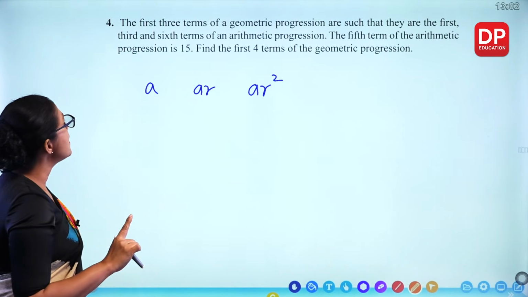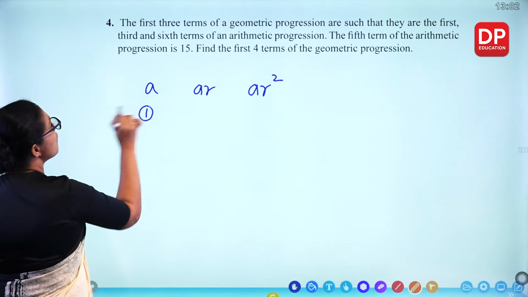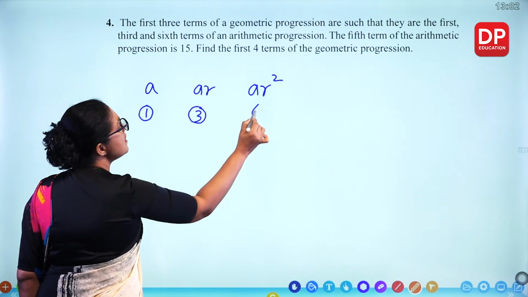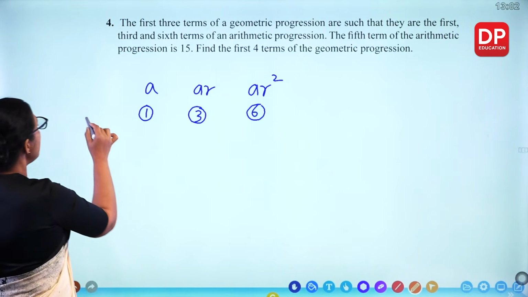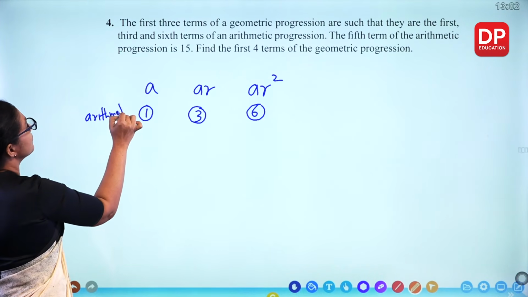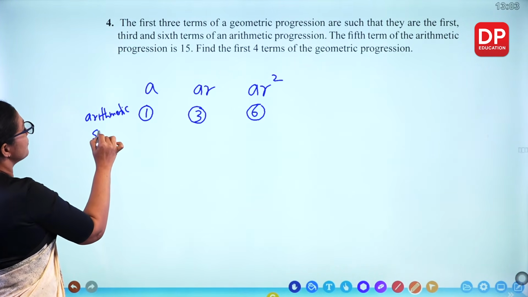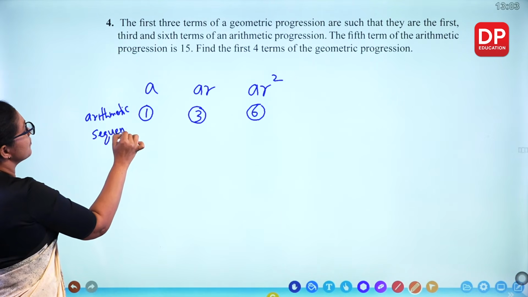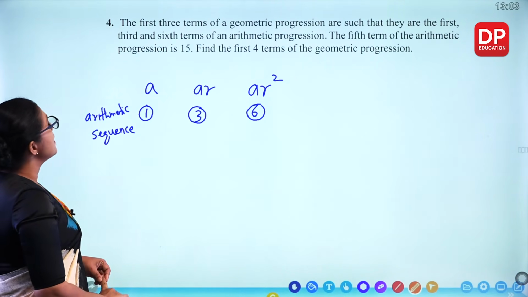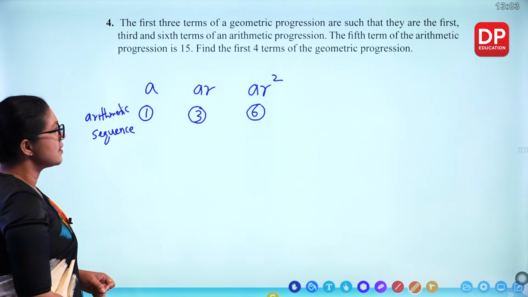Those are the first term, third term and sixth term of the arithmetic sequence.